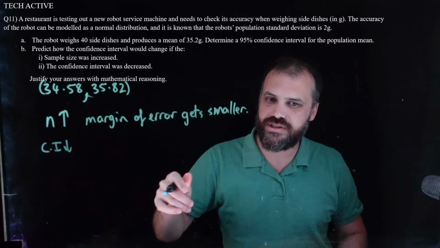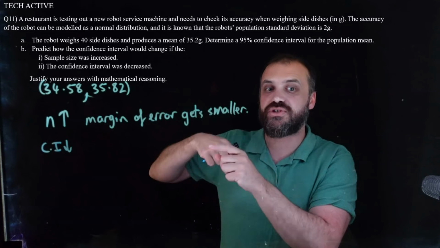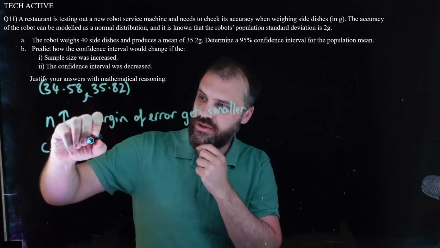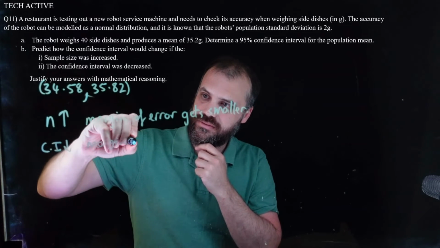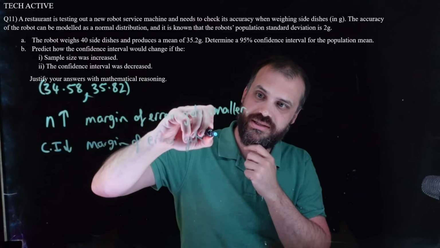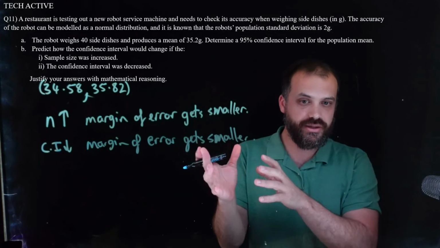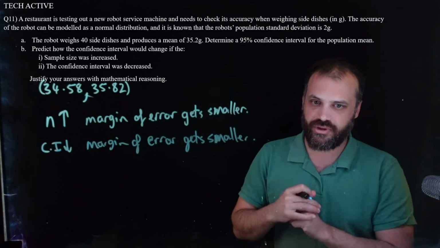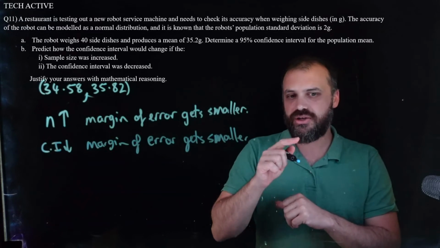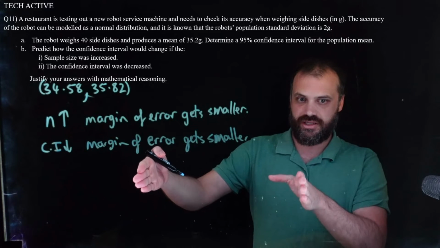As your confidence interval decreases, as you have less confidence, your margin of error gets, suspense, smaller as well. Your margin of error gets smaller, right? Because at the moment, to be 95% certain, I need the boundaries to be here and here.